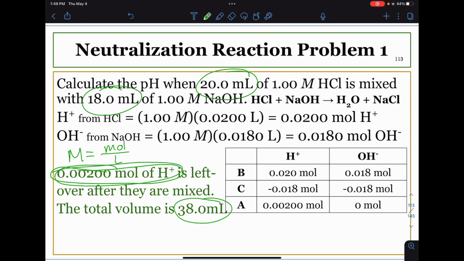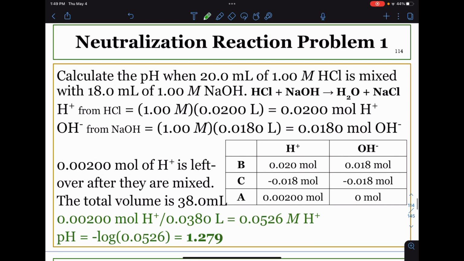So the concentration is those moles divided by the total volume. We just have to turn our 38 milliliters into liters. So here's the molarity equation, 0.002 moles of hydrogen ions divided by 0.0380 liters, that's our 38 milliliters. This leaves us with 0.0526 molarity or concentration of hydrogen ions.